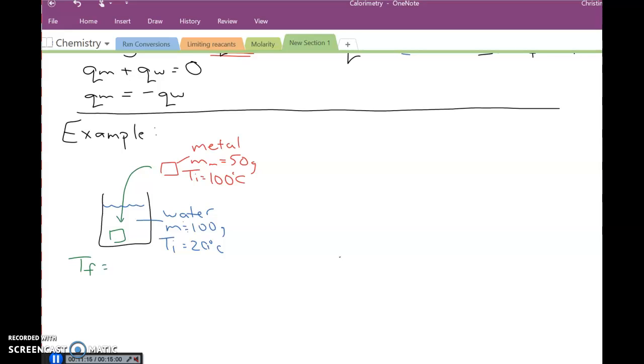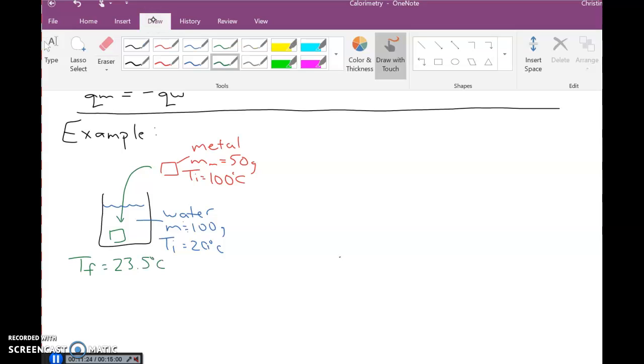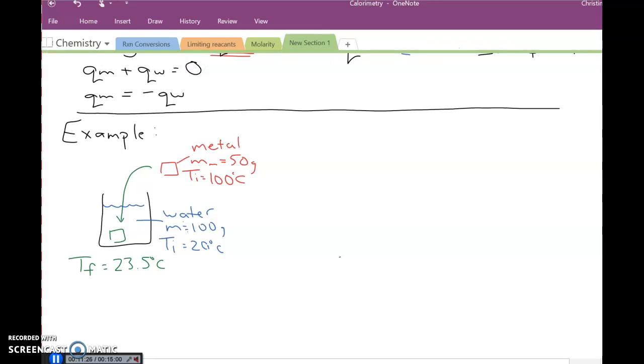Our final temperature is 23.5 degrees centigrade. And we know that our C value for water is 4.184 joules per gram Celsius.